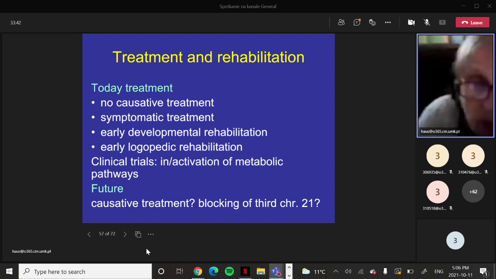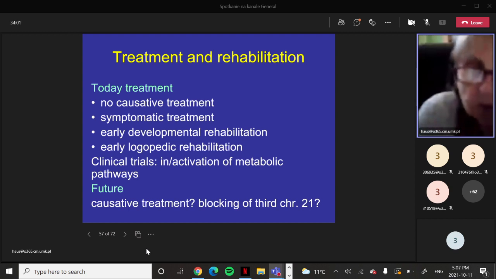Maybe yes, maybe no. Maybe it is all possible. I think that in 10 to 20 years, we will have some possibilities of treatment of Down syndrome.